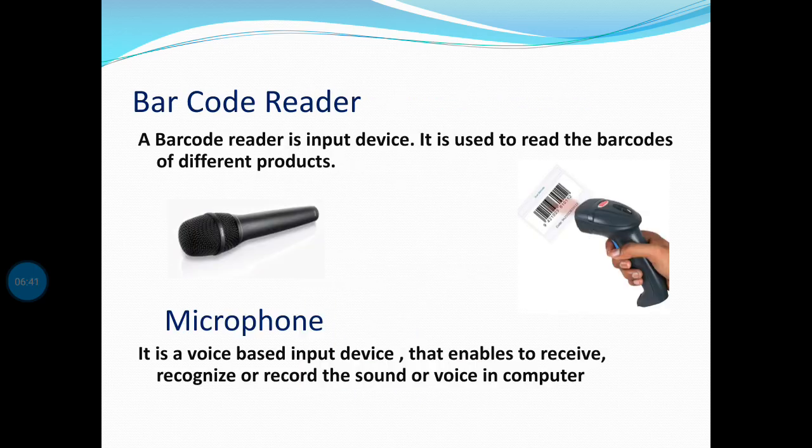Next, barcode reader. Barcode reader is an input device which is used to read the barcode of different products, and it also identifies the price with the help of the barcode reader.